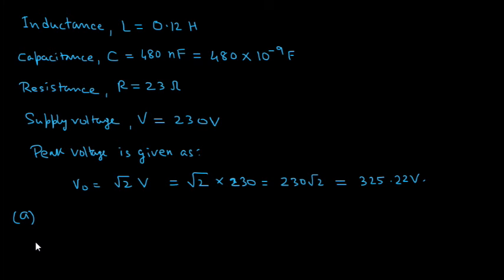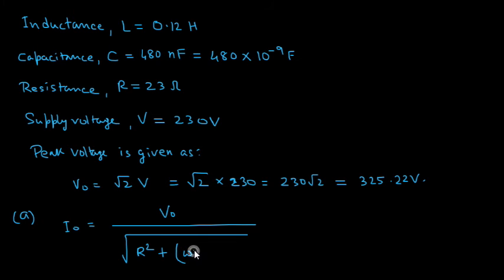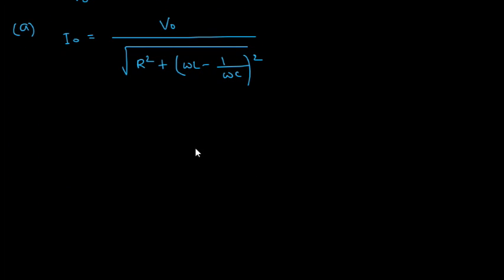Now A part. I naught is equal to V naught upon under root R square plus omega L minus 1 by omega C whole square, where I naught is the maximum at resonance.